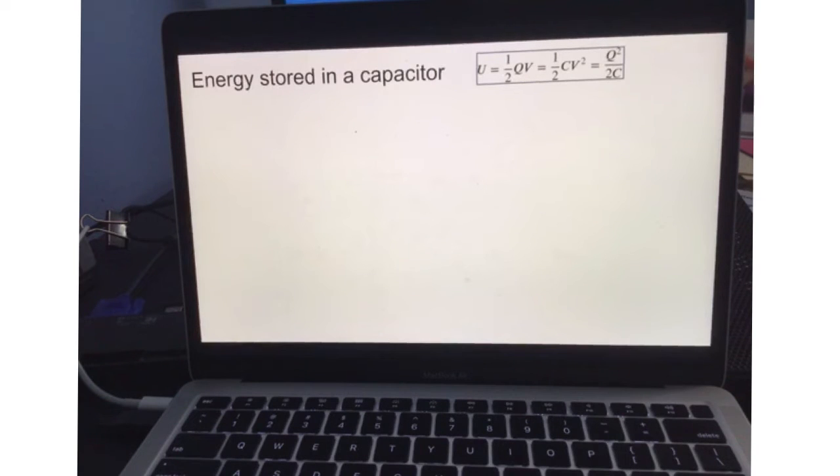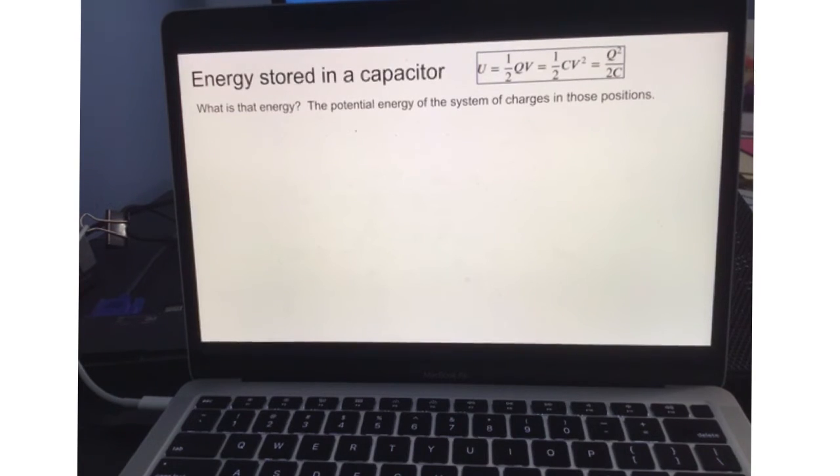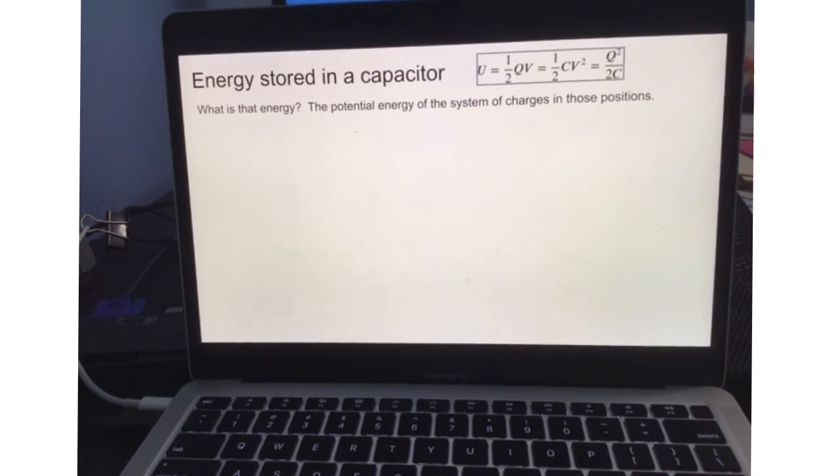So the question is, what is that energy? It's the potential energy of the system of charges in those positions. You have some positives and negatives that are held apart from each other.